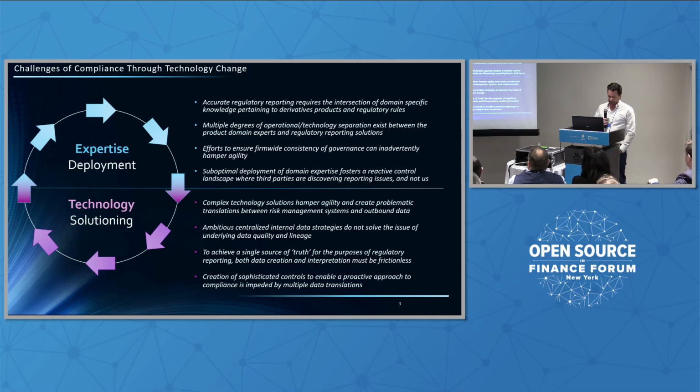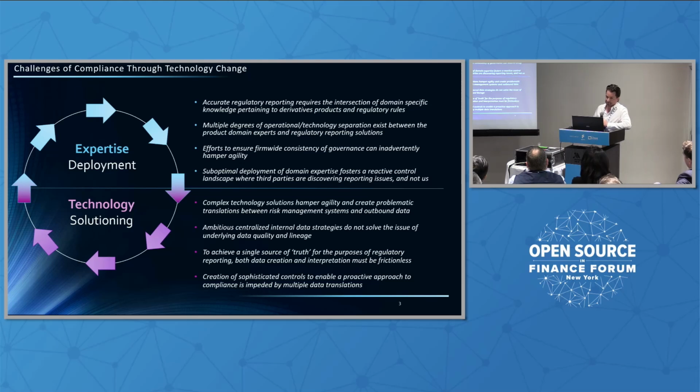So when it comes to regulatory reporting, accurate regulatory reporting requires the intersection of domain-specific knowledge. You're going to need people who understand your products, people who understand the regulations, and people who understand the systems. Not always do those three areas of people communicate fluidly.